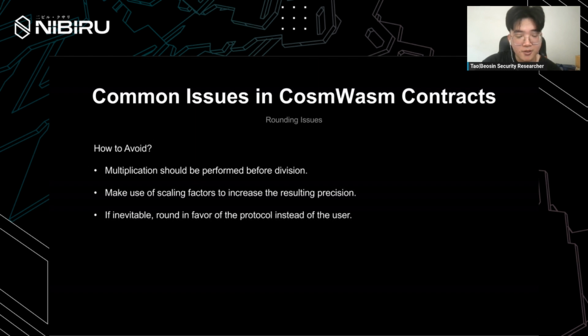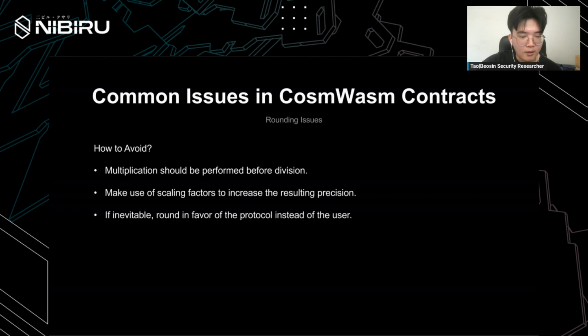That's the first method. And also, if the rounding issue is inevitable, you should round in favor of the protocol instead of the user. That's one thing you need to choose to do.